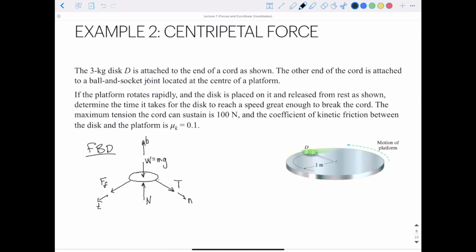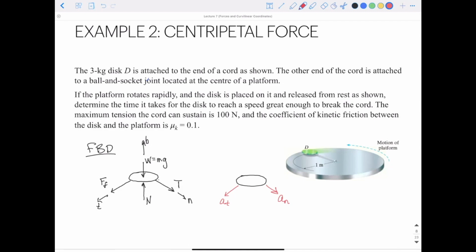So this is our free body diagram. For our kinetic diagram, we draw our disc again. We should have two components of acceleration this time: one acting in the tangential direction, and one acting in the normal direction. Why is the force of friction not in the opposite direction of the motion?